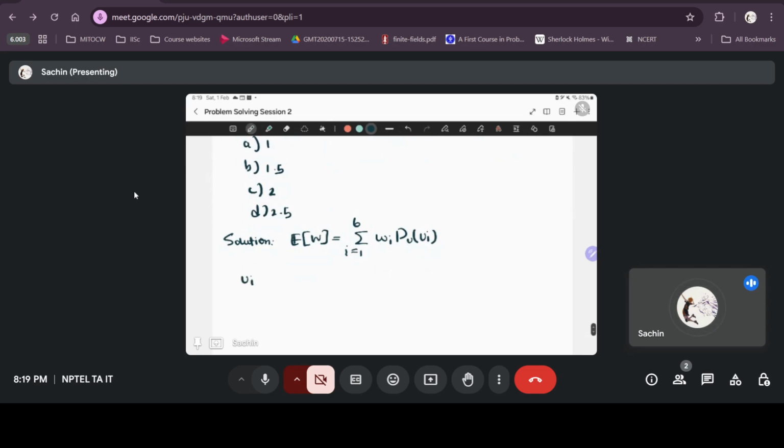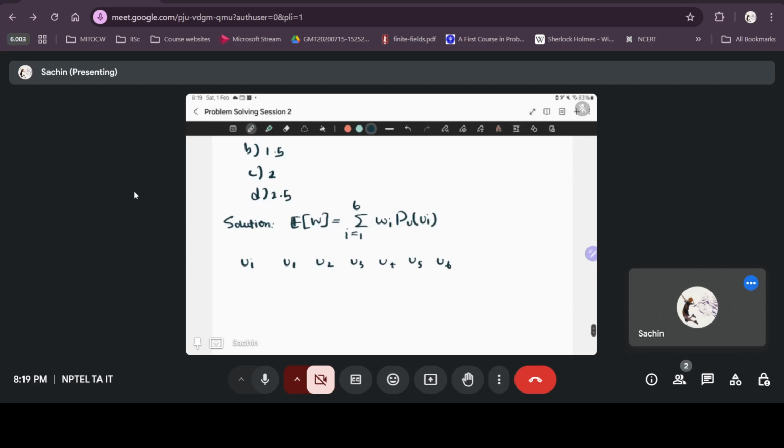So the messages are U1, U2, U3, U4, U5, U6. The probability of UI occurring is a quarter for the first 2 messages and an eighth for the next 4 messages.